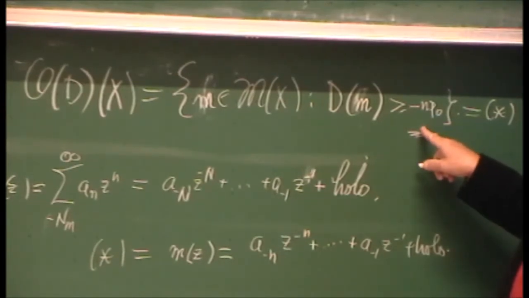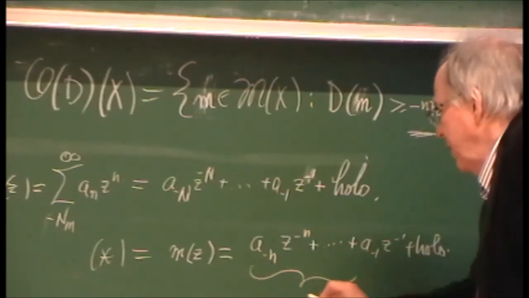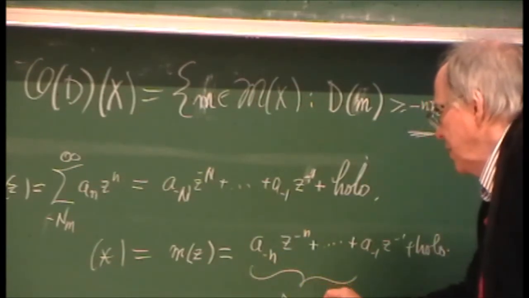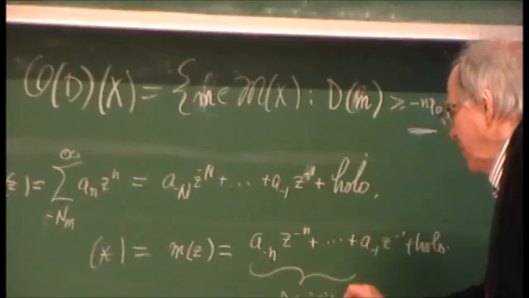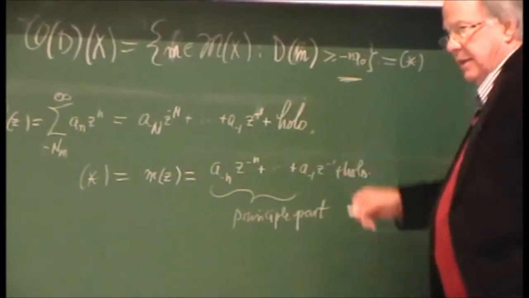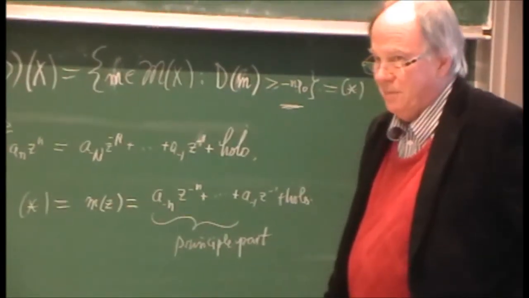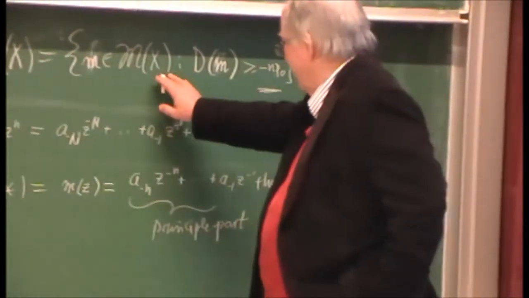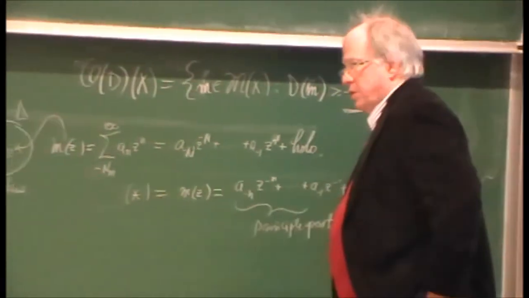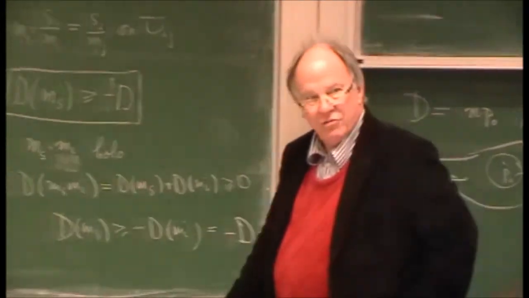Otherwise it has to be holomorphic, and this principal part should be no worse than what is allowed, namely minus n. So that's a very non-trivial thing. We're interested in the global meromorphic functions whose poles are no worse than that. Sections of the line bundle, very non-trivial thing.